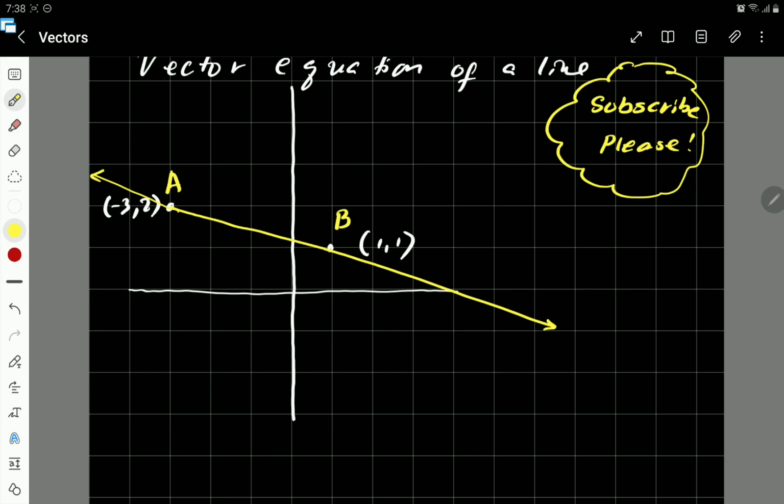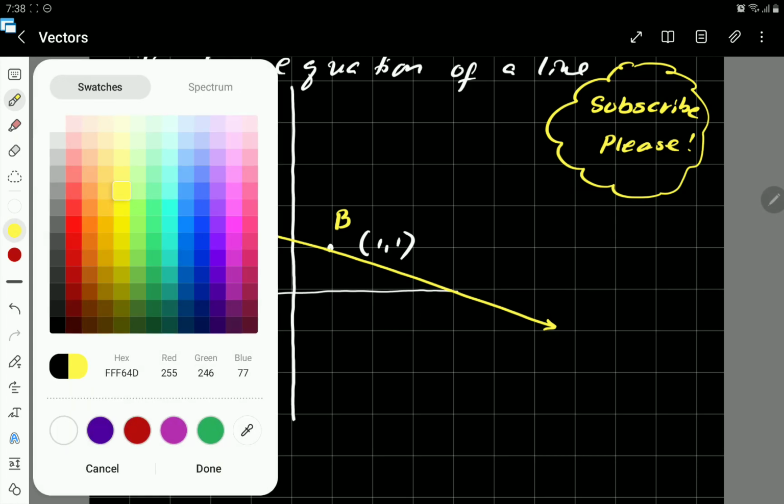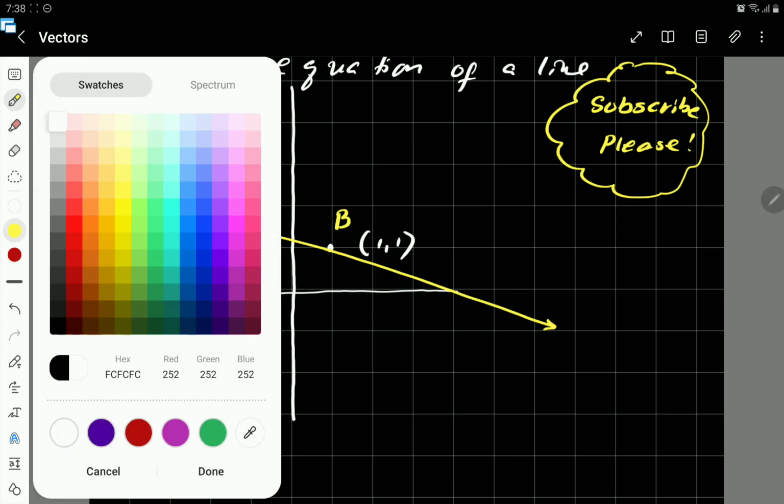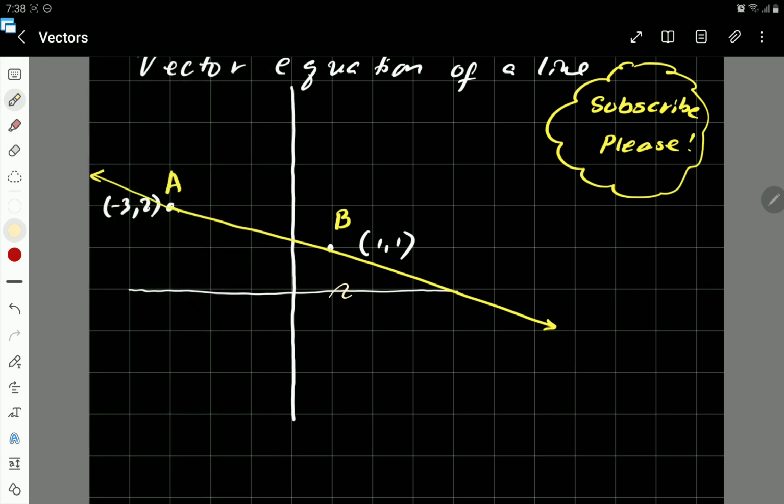So just for you to be able to visualize it, imagine that there is a person, this little boy, who would like to go and walk along that line.